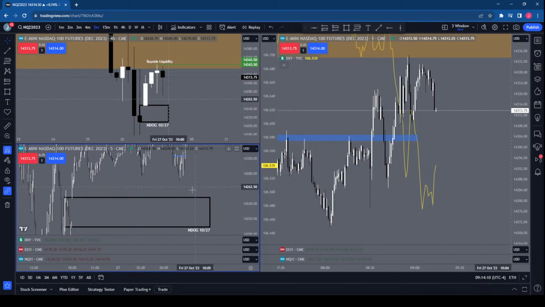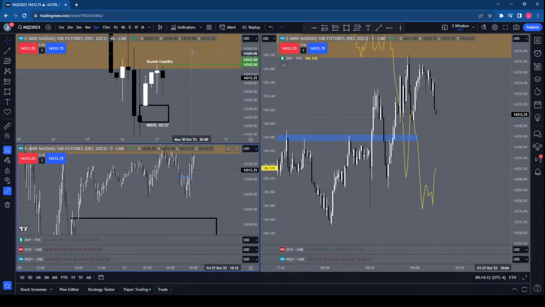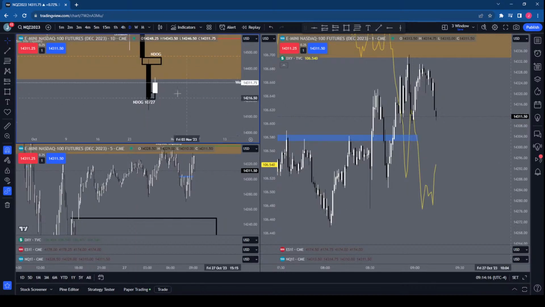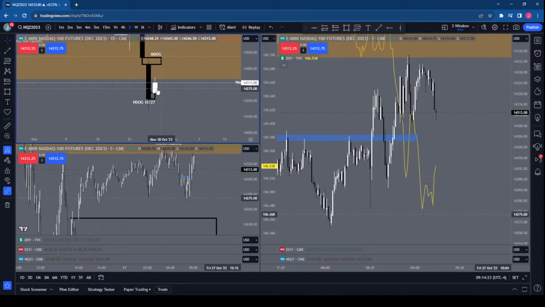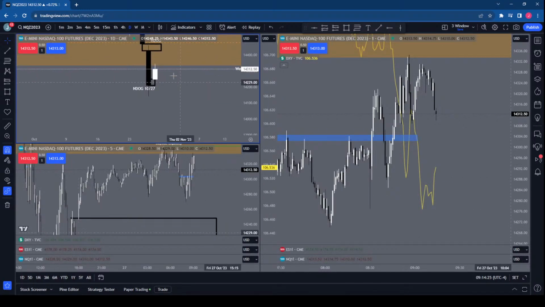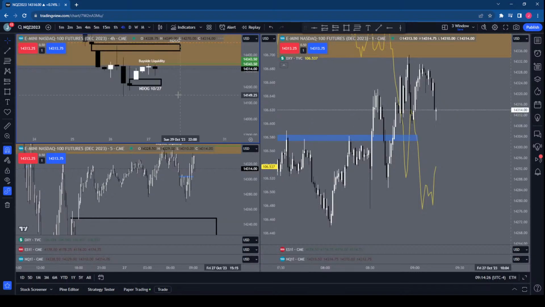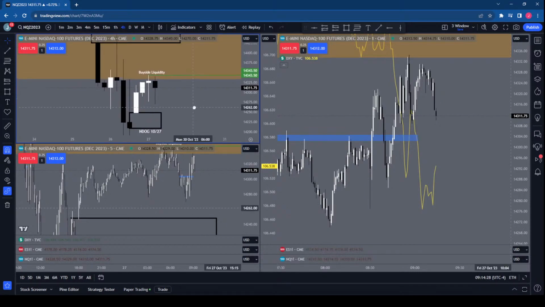I mean, as long as we're above this new day opening gap, I think it's going to be a small up close day, as you can see right here. I think we might wick, but I think the candle is going to look something like this. I could be wrong.